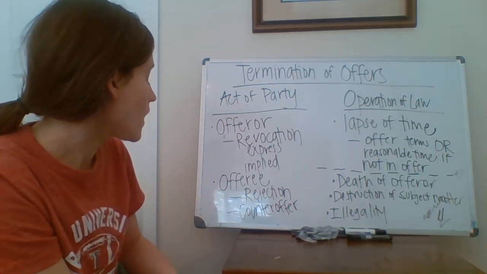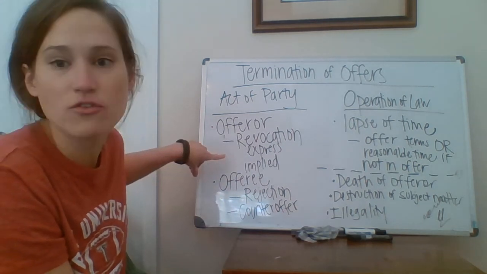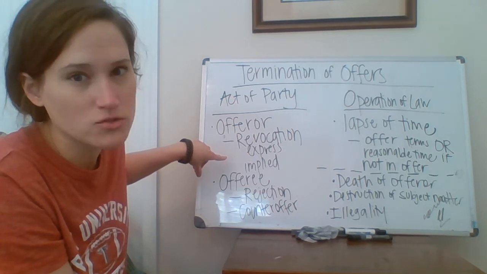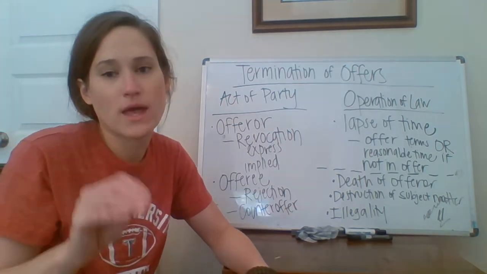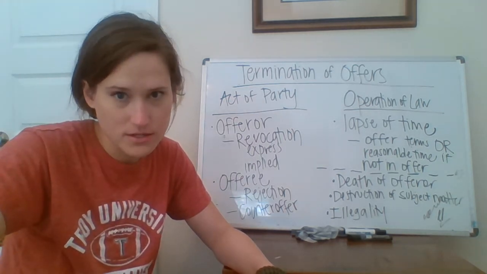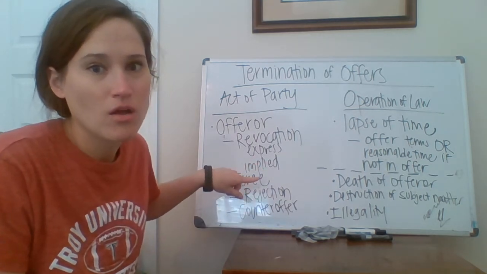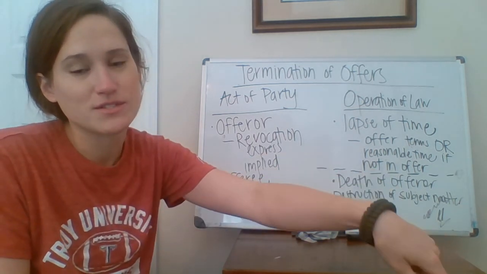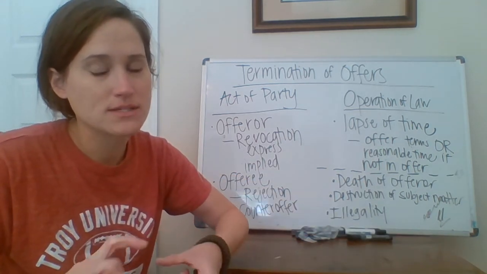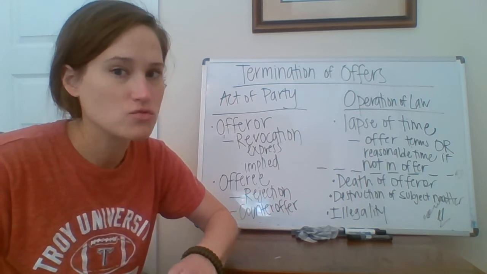Okay. One other thing to note on this, the other timing rule that we had when we looked at acceptance was the mailbox rule. Remember that we said that when your acceptance is actually put in the mail is when it becomes effective. Revocations through the mail are not actually effective until they're received by the offeree. So for mailed offers and mailed acceptances, that's especially where you need to be very careful when you're dealing with the mailbox rule.